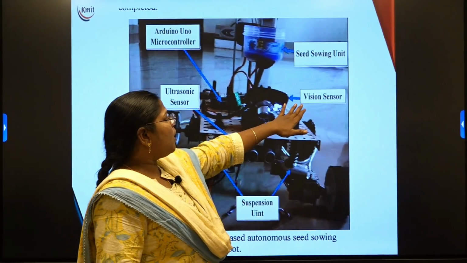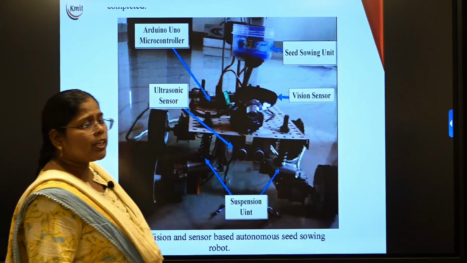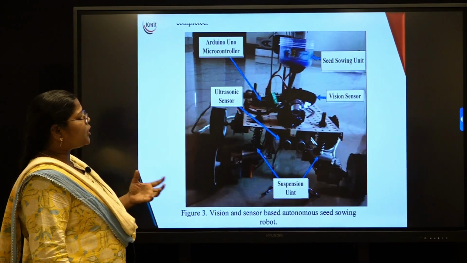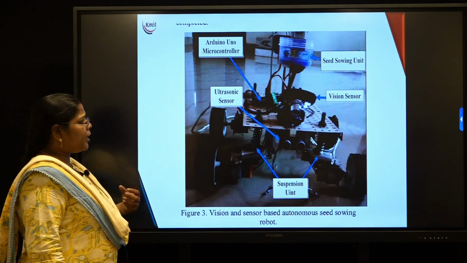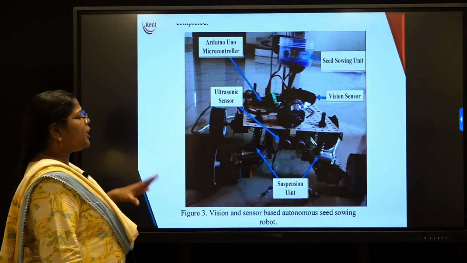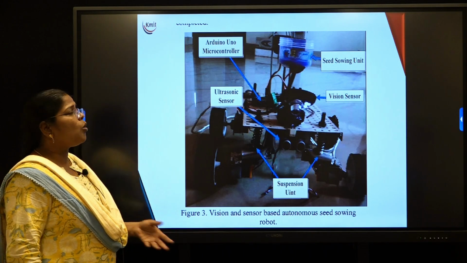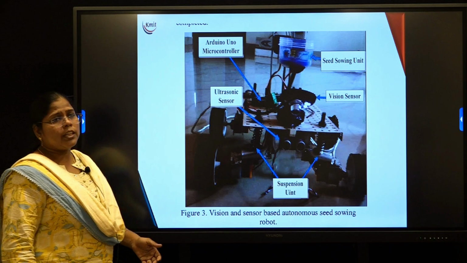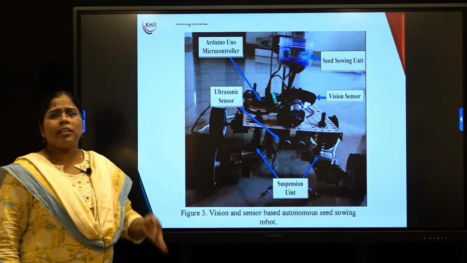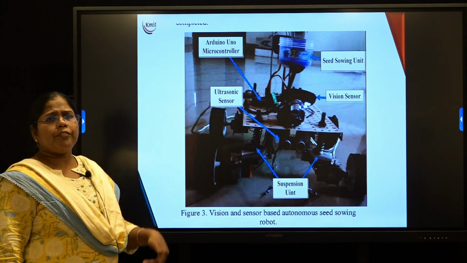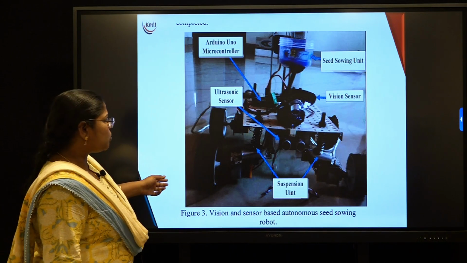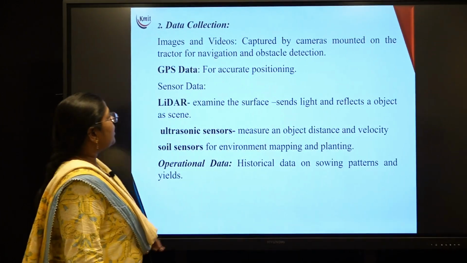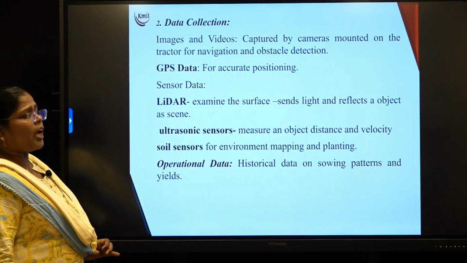The vision sensor senses all the images and sees whether there is an obstacle or not. The ultrasonic sensor always calculates the distance or the depth where the seed has to be sown.